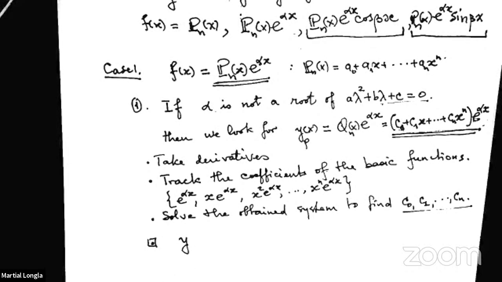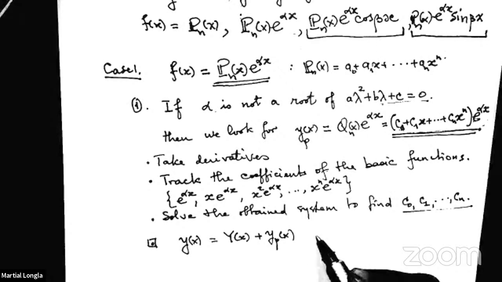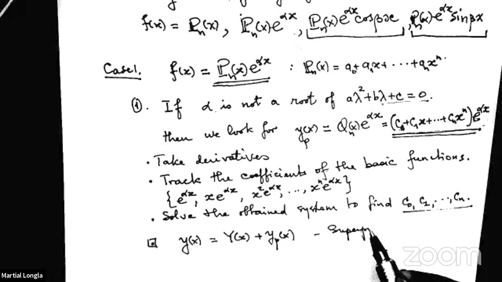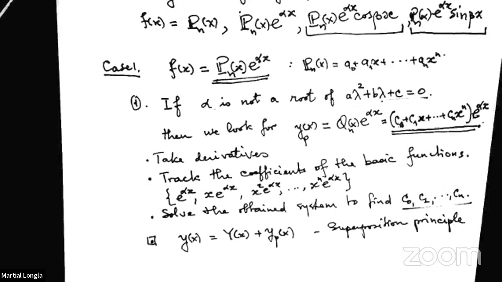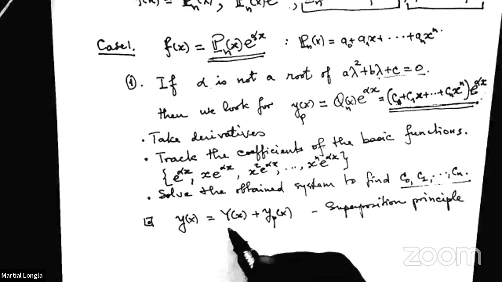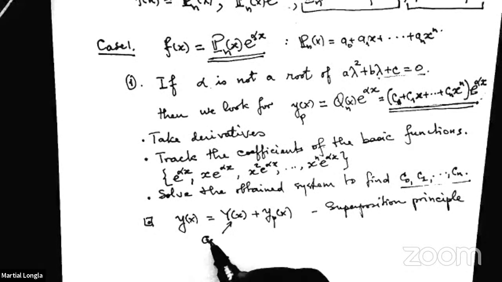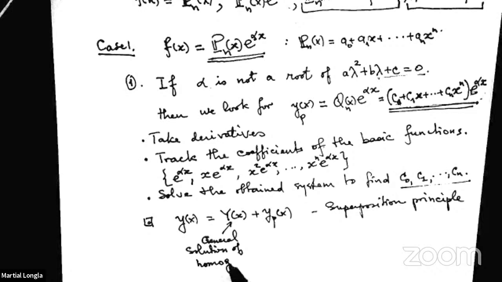The solution of the problem y of x is equal to capital Y of x plus little y p of x, and we call this the superposition. The principle of superposition, that's our superposition principle. So the principle of superposition means we take this, the general solution of the homogeneous problem, which is obtained by whatever method we use.